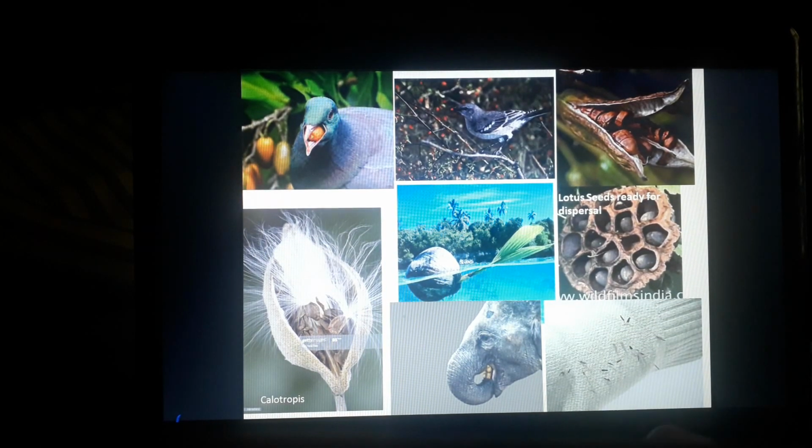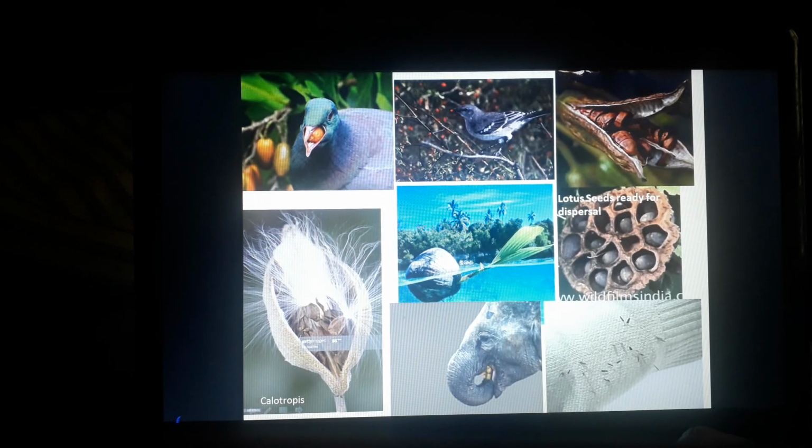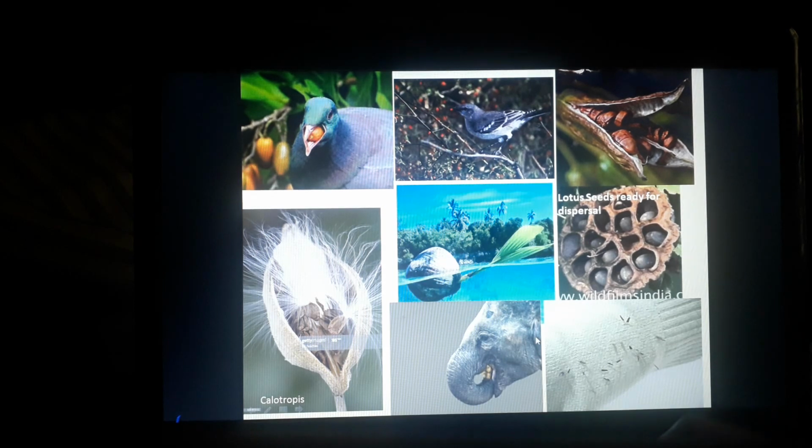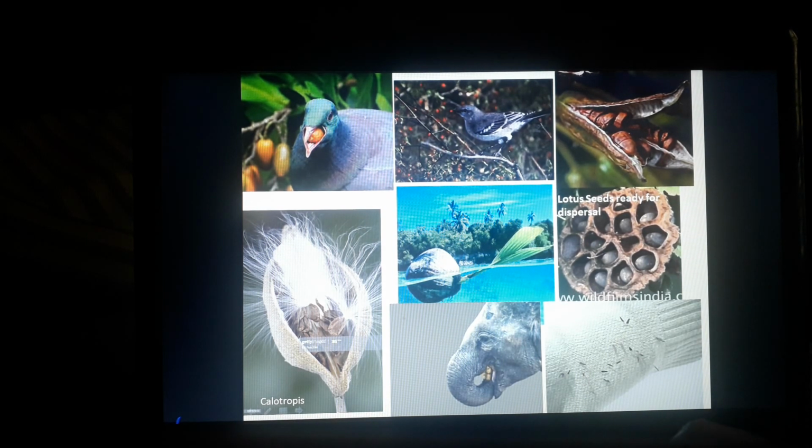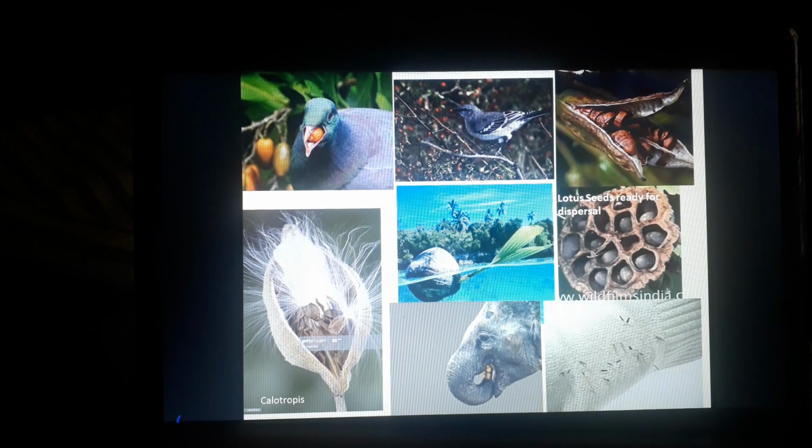This diagram shows the hydrochory in which the coconut is floating from one place to another place, and here the animal is eating upon the fruit which passes through its alimentary canal and reaches the new place. This legume shows the explosive mechanism, and here the lotus seeds are ready for the dispersion. And the fourth diagram shows that these seeds stick to the clothes of the human beings and can be dispersed to a new place. So all these diagrams show the different dispersal strategies.